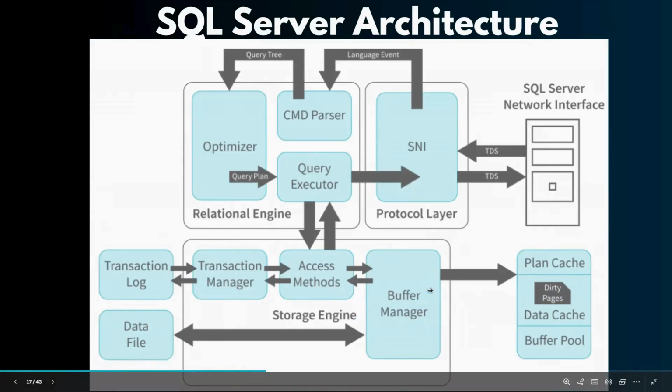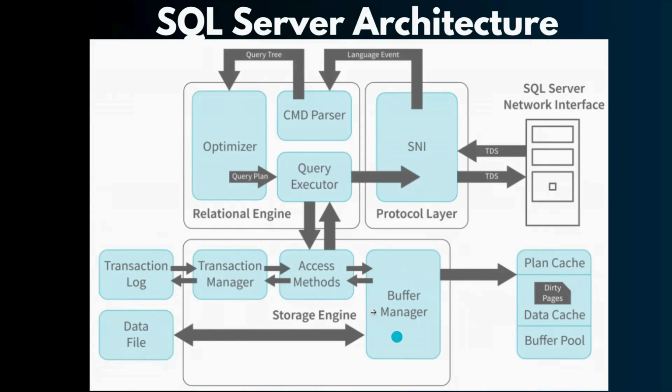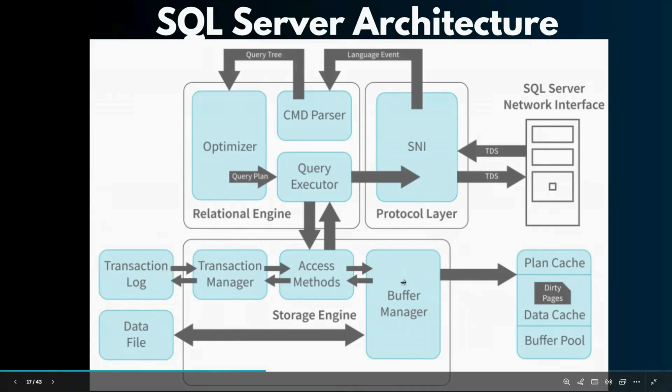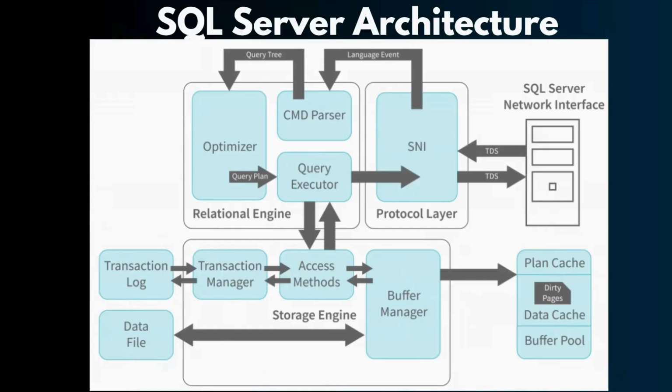Those are called dirty pages. So the management of dirty pages is done by the buffer manager. It handles background processes like checkpoints, lazy writer, and the free page list. It also has the plan cache for caching the execution plan. This part is very crucial for performance because most reads come from memory instead of disk.